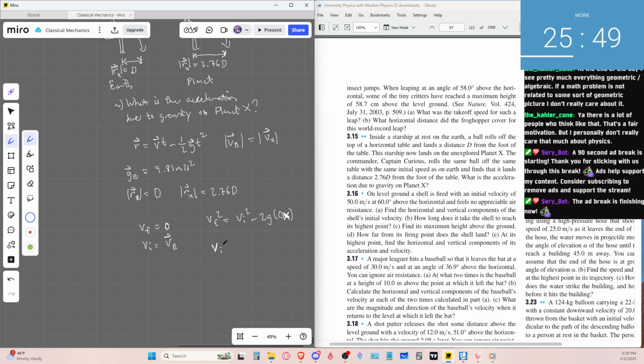Actually, since the final velocity is 0, we can do this. Actually, let me erase that, it's too close to the other one I was writing. So we can write it like this.